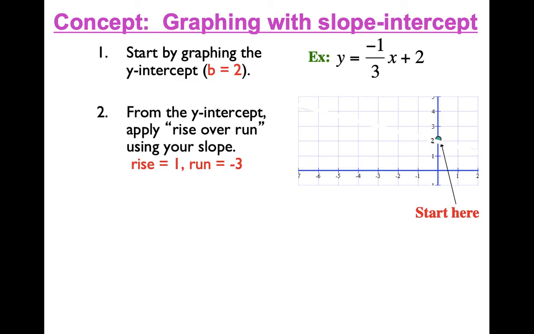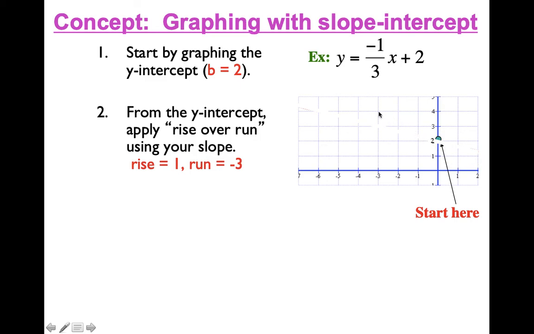From the y-intercept, we apply rise over run using our slope formula. So we'll rise 1, but then we're going to run backward 3. So our line can go up 1, rise, and then over 1, 2, 3. Or you could have gone down 1 and then forward 1, 2, 3.